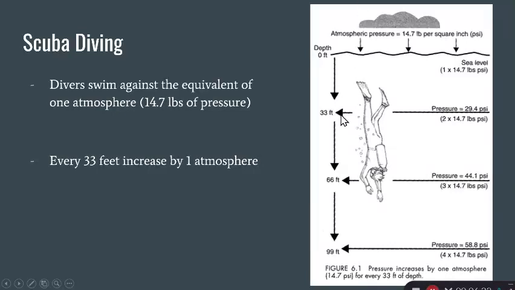So the pressure increases by 14.7 pounds per square inch if we just drop 33 feet. Another 33 feet deeper, another 14.7 pounds per square inch are on top of us there. So water, being a lot more dense, pushes down on us a lot more.